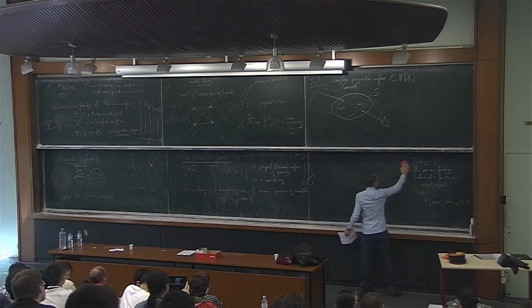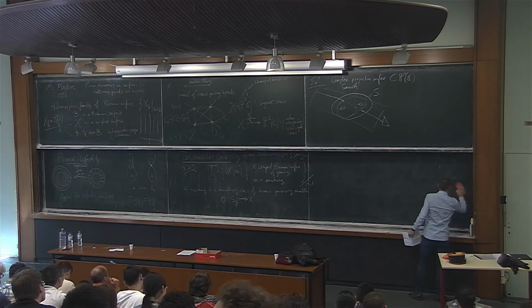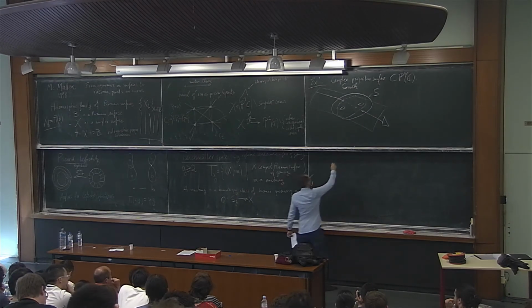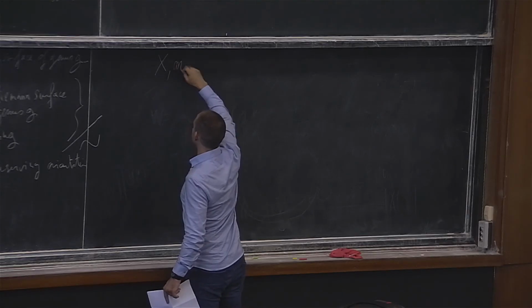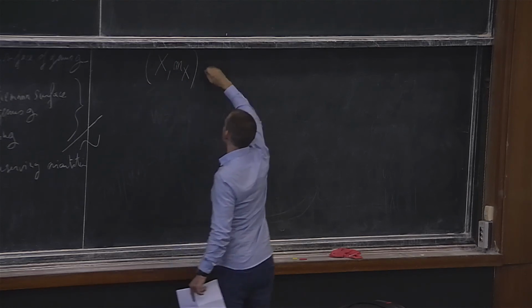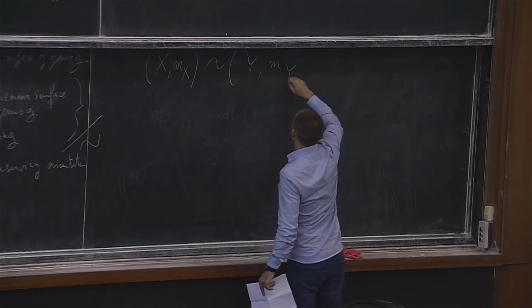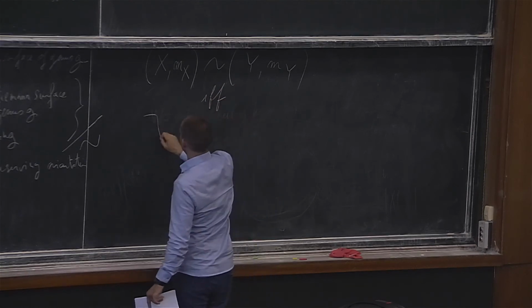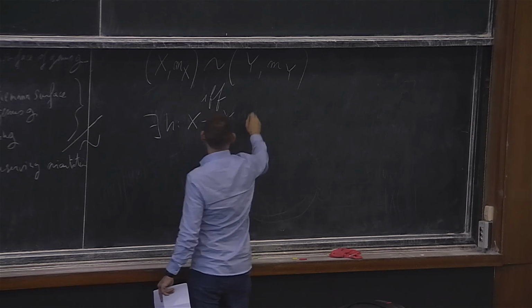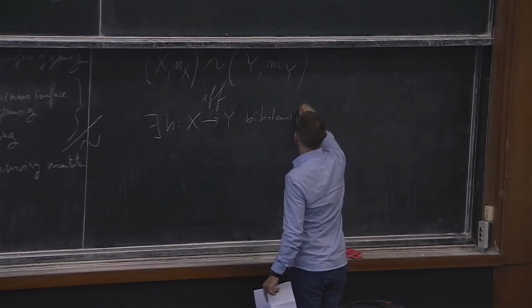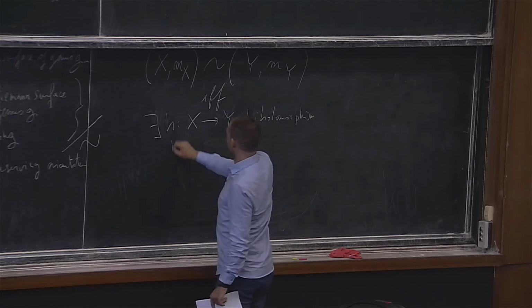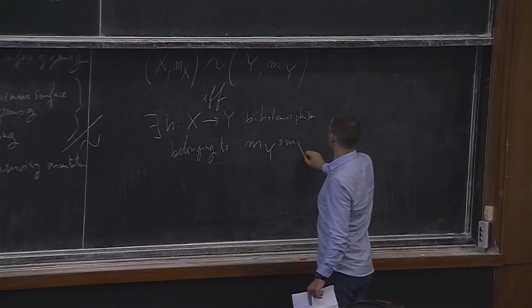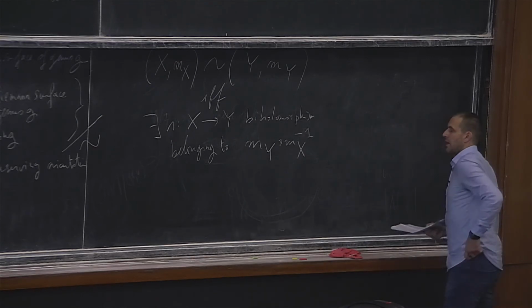So the equivalence relation is this: to simplify notation, if you consider two marked surfaces, X with its marking m_X, it's equivalent to Y with m_Y if and only if there exists a biholomorphism h from X to Y belonging to this class of maps.